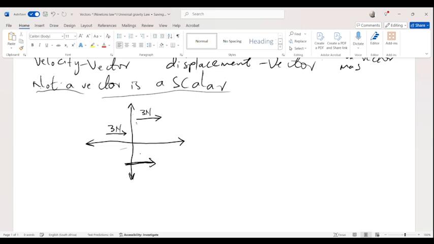Same direction, same magnitude. All these three forces are the same in the world of vectors.